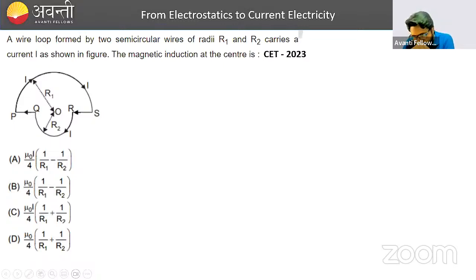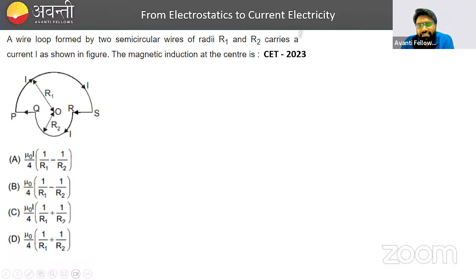So here is the first question on your screen. Now try to solve it. I'm giving you 1 minute to solve this question. While I'm reading it for you: a wire loop formed by two semicircular wires of radii R1 and R2 carries a current I as shown in the figure. The magnetic induction at the center is.